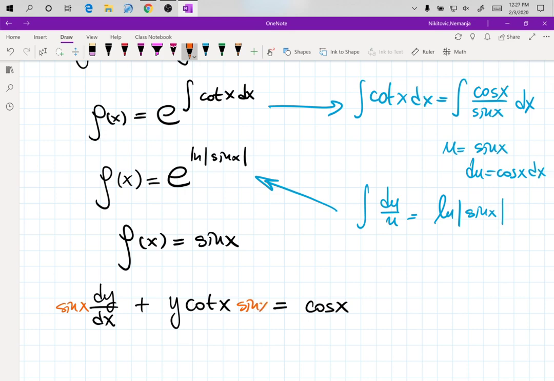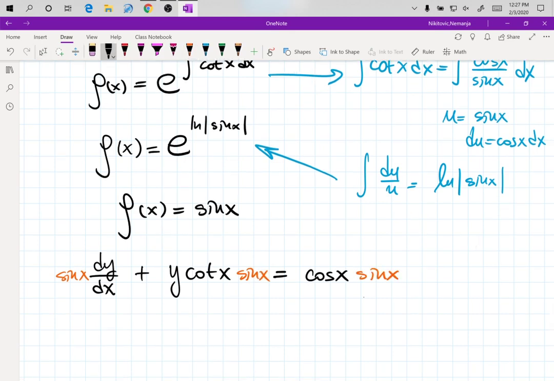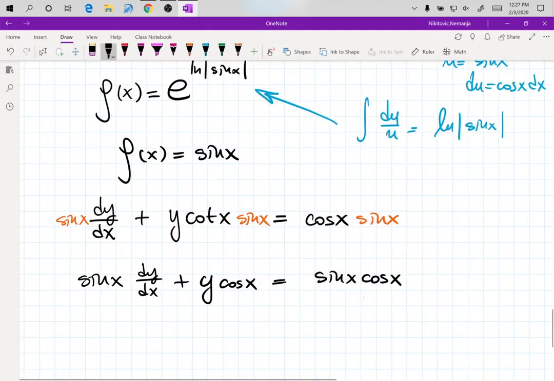And this is just amazing how well this works out. It becomes cosine x. Sine x dy/dx plus y cosine x, because cotangent is cosine over sine, and then sine and sine cancel, right? Equals, usually we write sine x cosine x on the right-hand side.